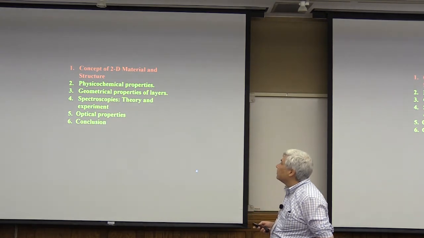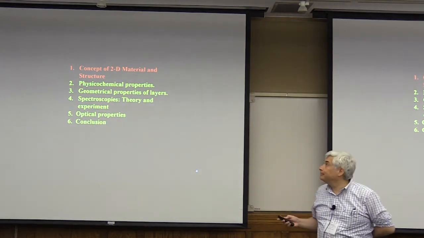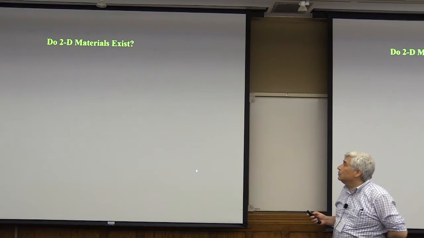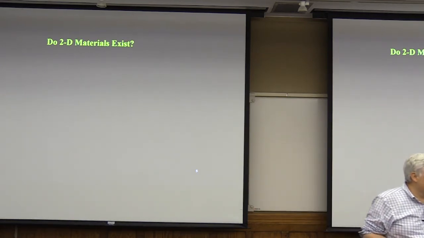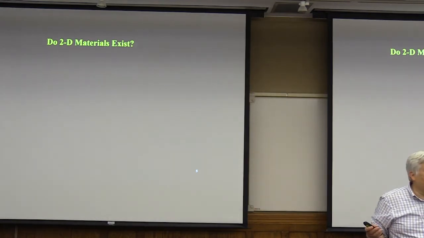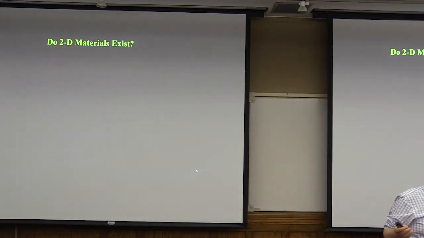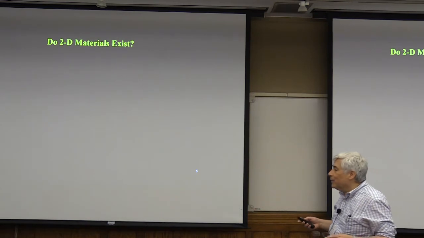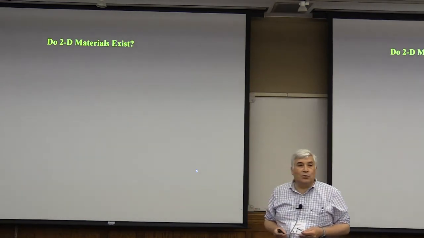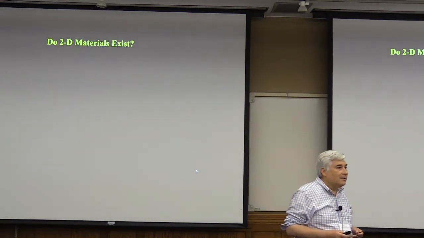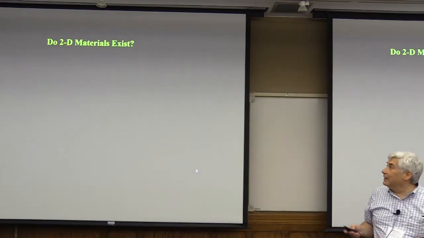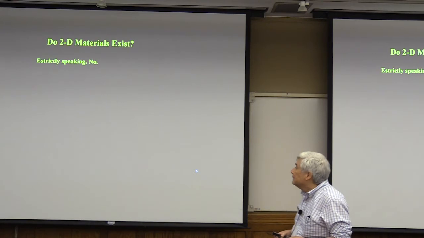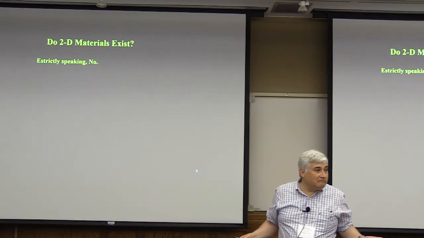So let's start with the concept of a 2D material. Do 2D materials exist? Or you may say yes, yes. And if we think strictly in 2 dimensions, because this D is for 2 dimensions, then strictly speaking, they do not exist.